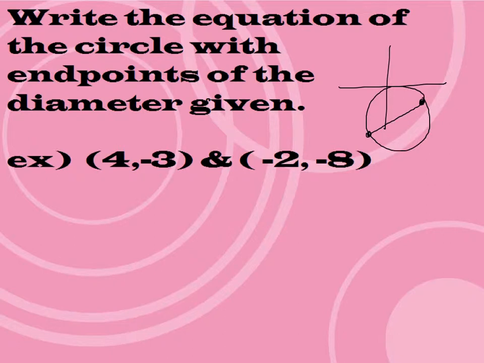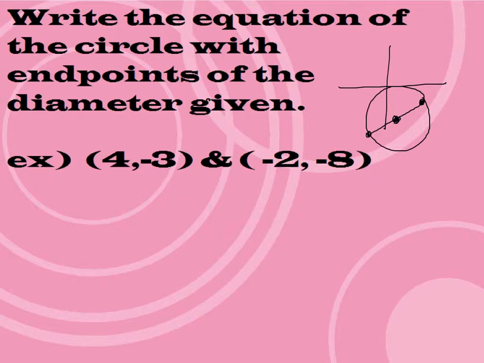Okay, so with that, I need to find two things. I need to find the center, and I need to find the radius. So let's start with the center. What do you suppose is special about the center in reference to these 2 points? And hopefully you're saying, oh, that's going to end up being the midpoint. So you need to know your midpoint formula from earlier in the year.